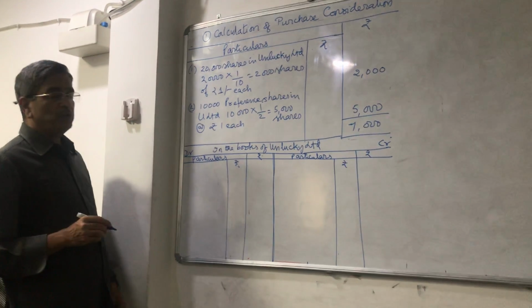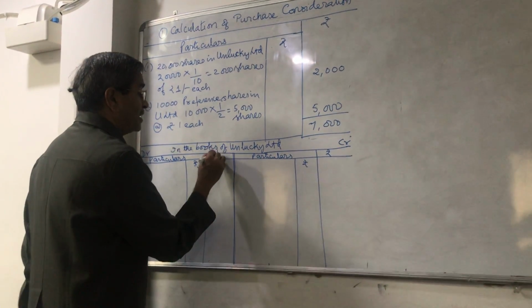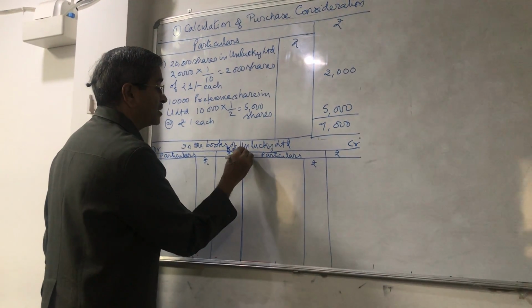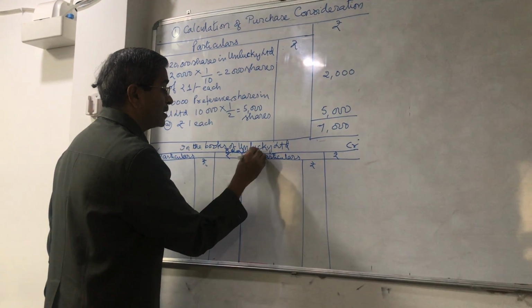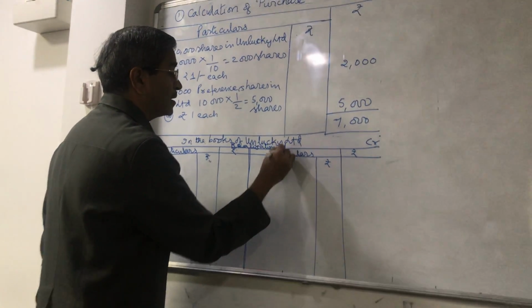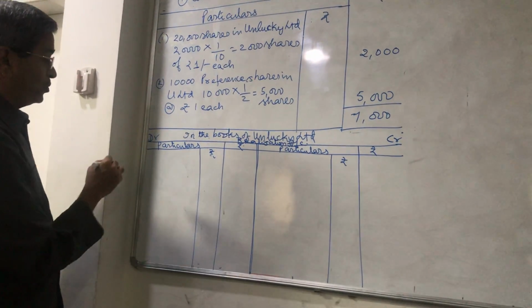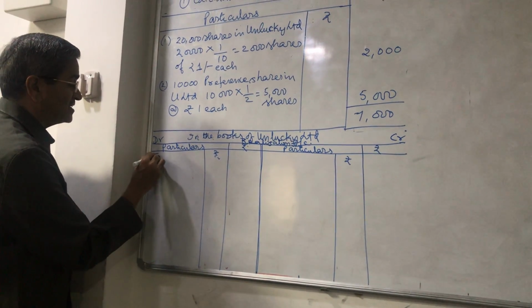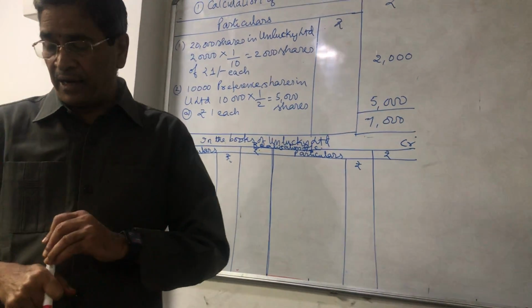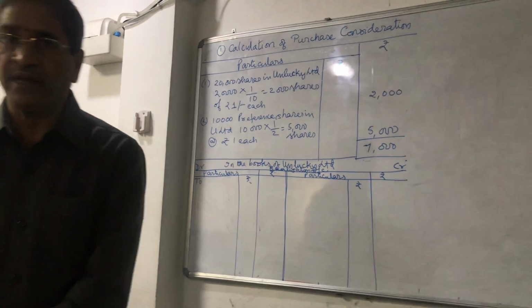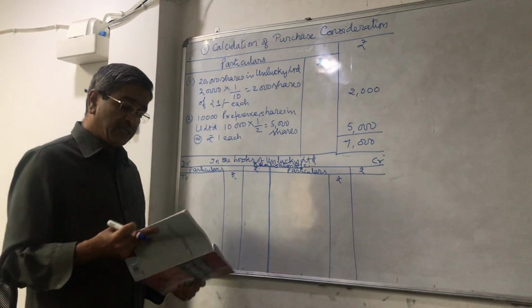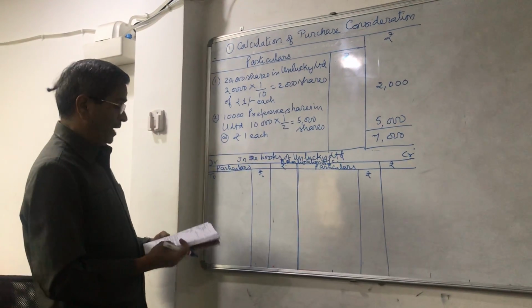So the first job to be done in realization accounts is to transfer the assets of the Unlucky Limited, the selling company, at book value.